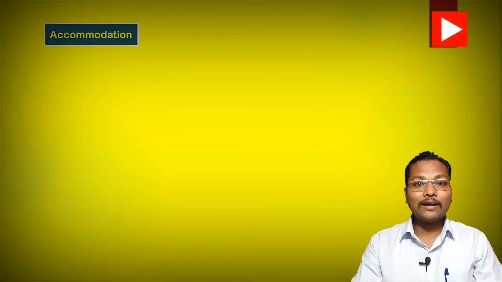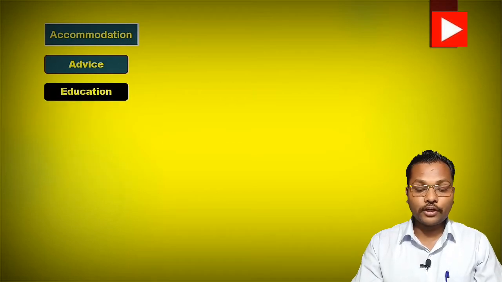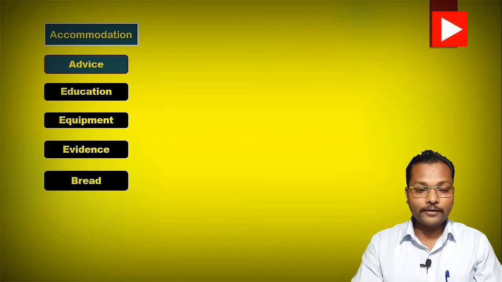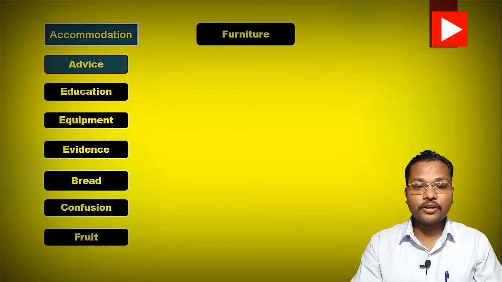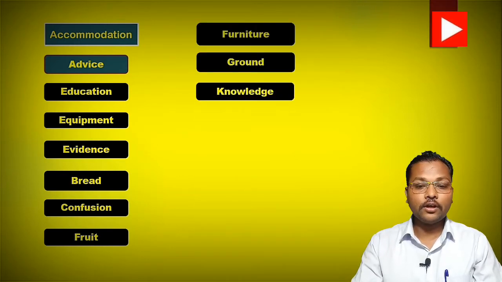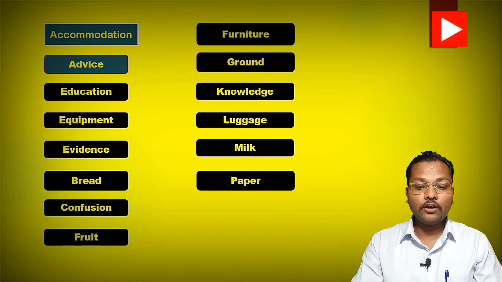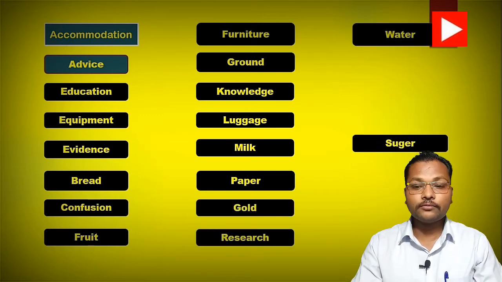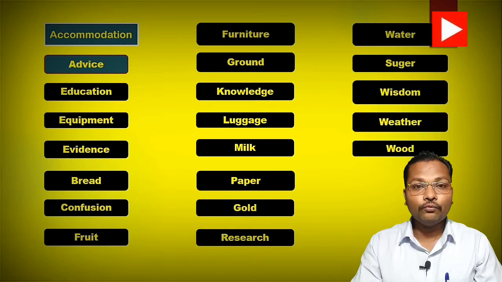Some examples of uncountable nouns are accommodation, advice, education, equipment, evidence, bread, confusion, fruit, furniture, ground, knowledge, luggage, milk, paper, gold, research, water, sugar, wisdom, weather, wood, work, and so on.